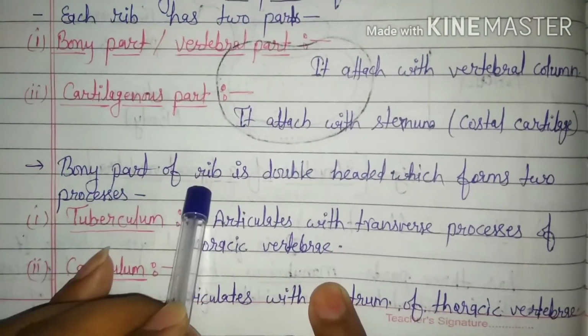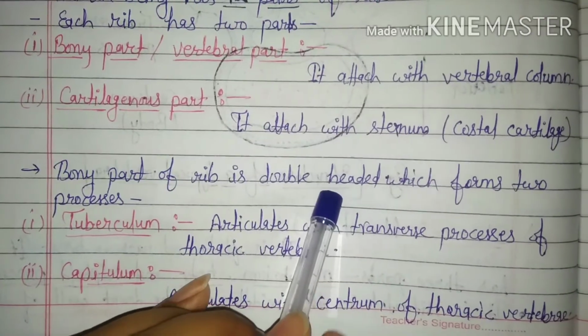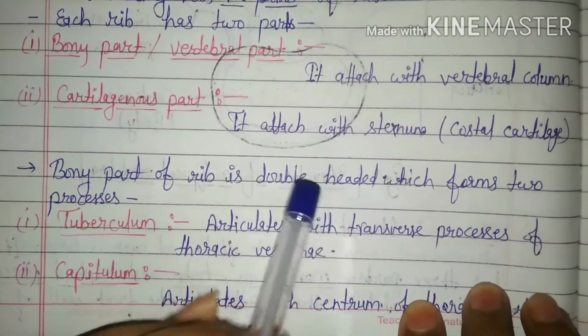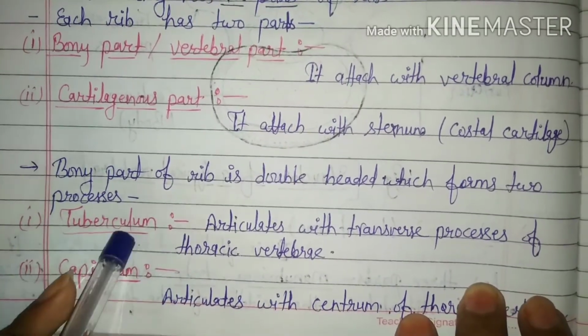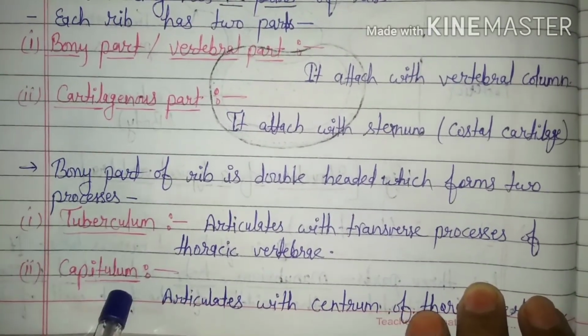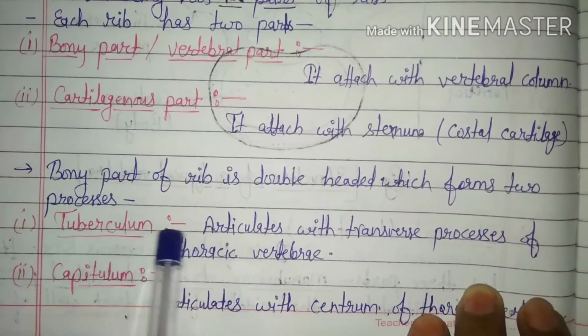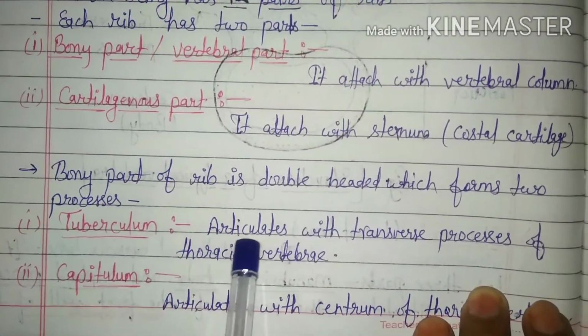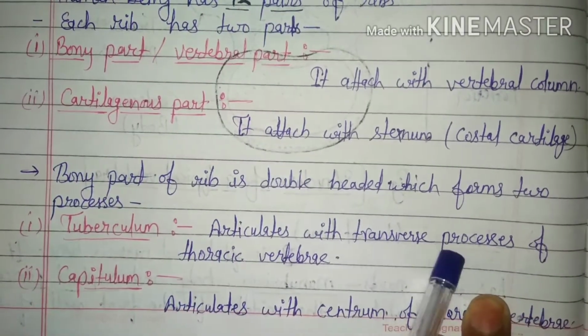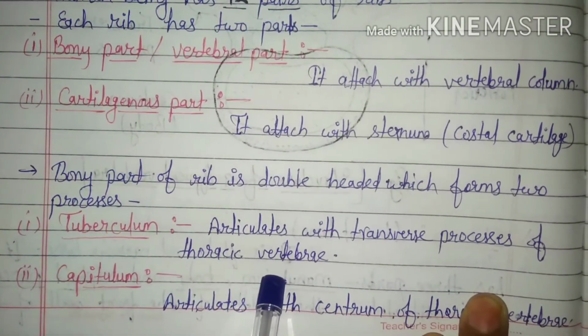The bony part of a rib is double-headed, which forms two processes: first tuberculum, second capitulum. The tuberculum process articulates with the transverse process of thoracic vertebrae.